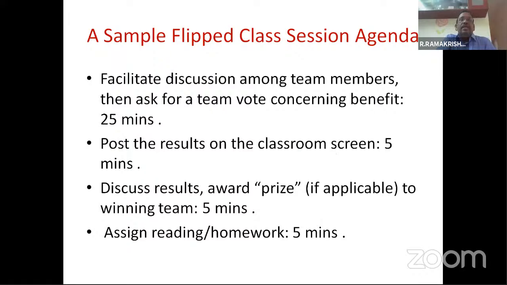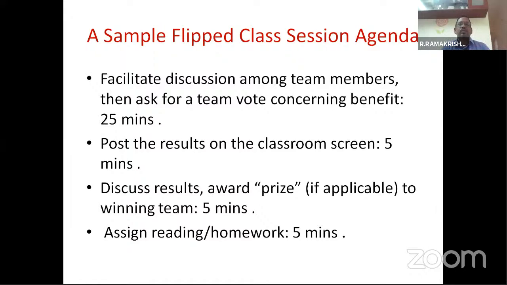So the next thing is the sample flipped classroom agenda. The design and development of a flipped classroom is not static. It is dynamic. Keeping all the points discussed in mind, you have to design a flipped classroom of your own.